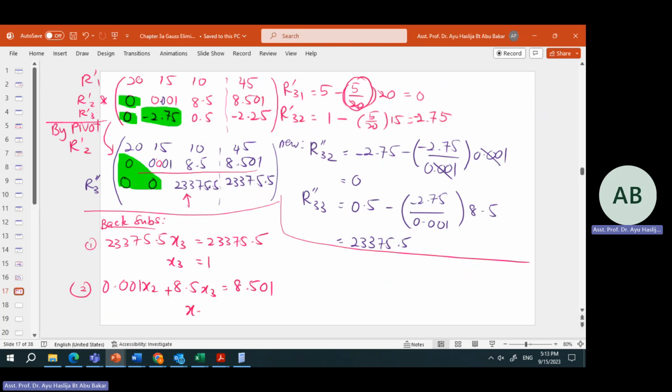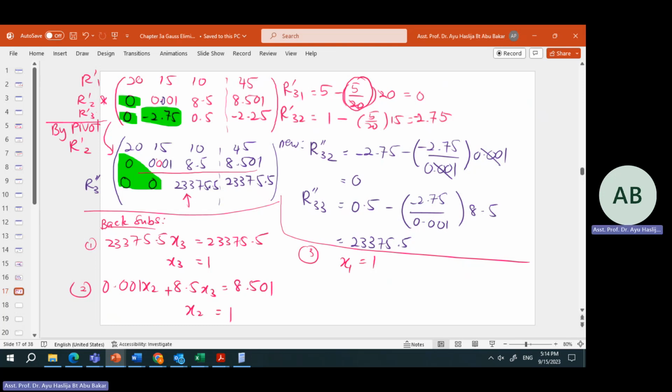From here, you can get your x2. x2, 1 as well, correct. Try to find your x1. I believe it will be 1 as well. Right.